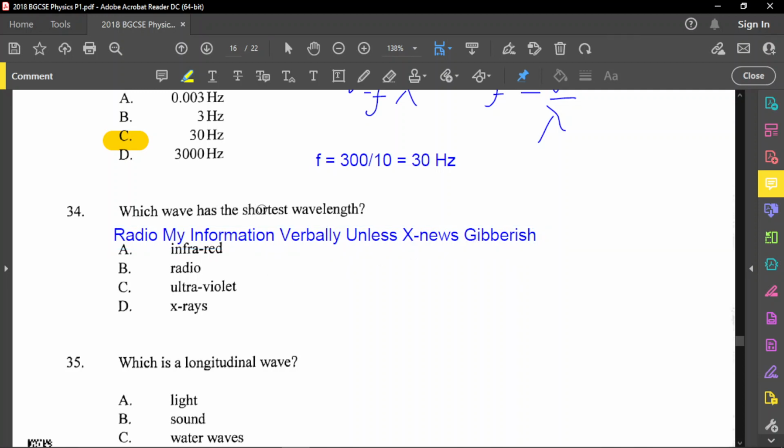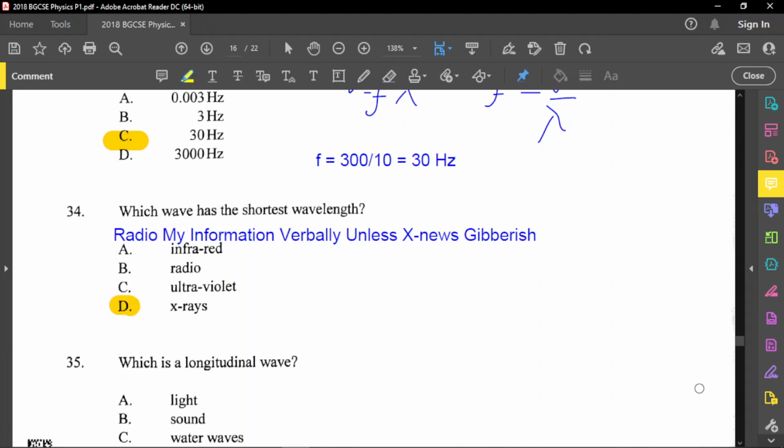So for the shortest wavelength based on this lineup, there is no gamma ray shown here, so X-ray will take the next in line. So X-ray is the shortest here. As a matter of fact, radio waves will be the longest one. So that will be your answer right there.